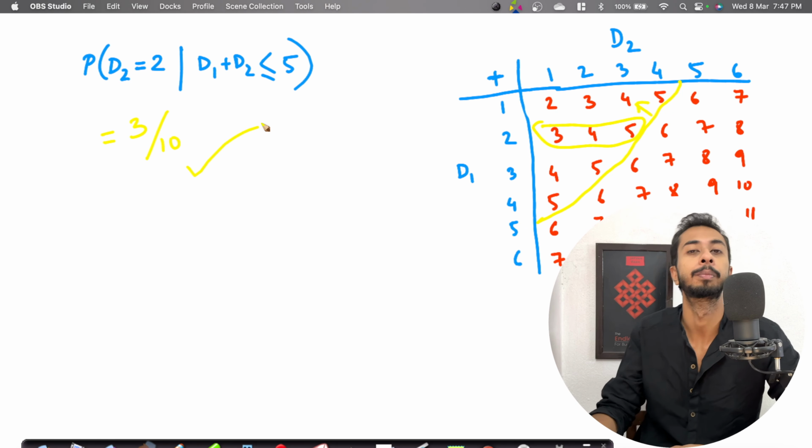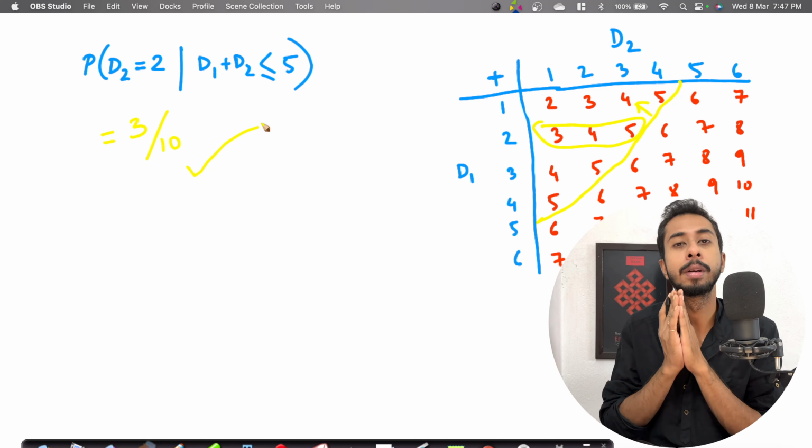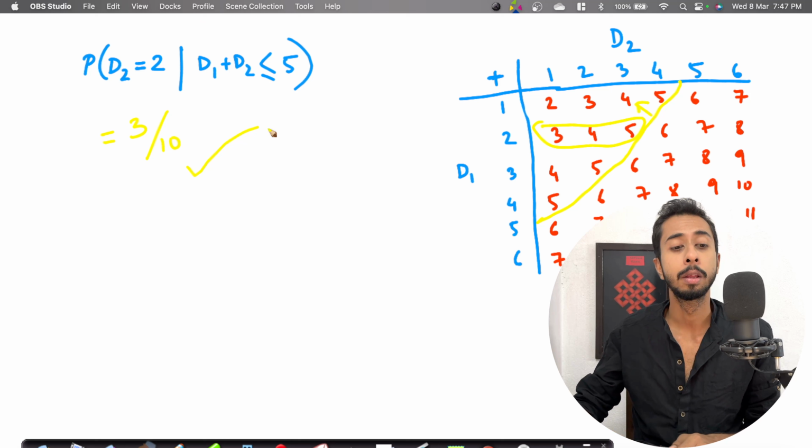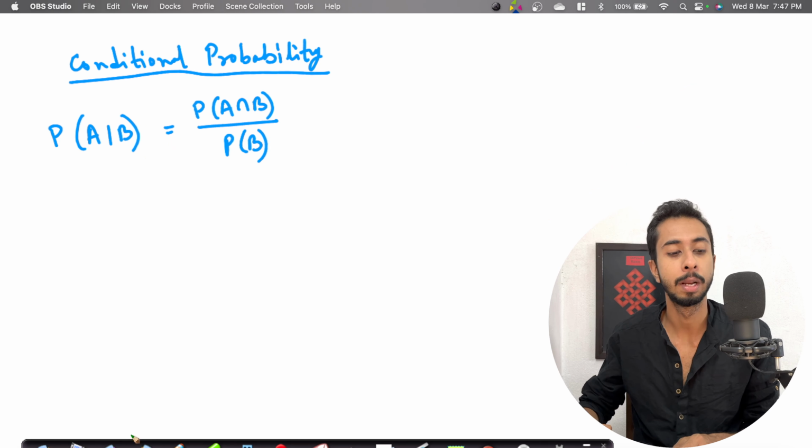Done. Next. This is what we have found directly. But using the formula for conditional probability, can we find it out? Let's see.